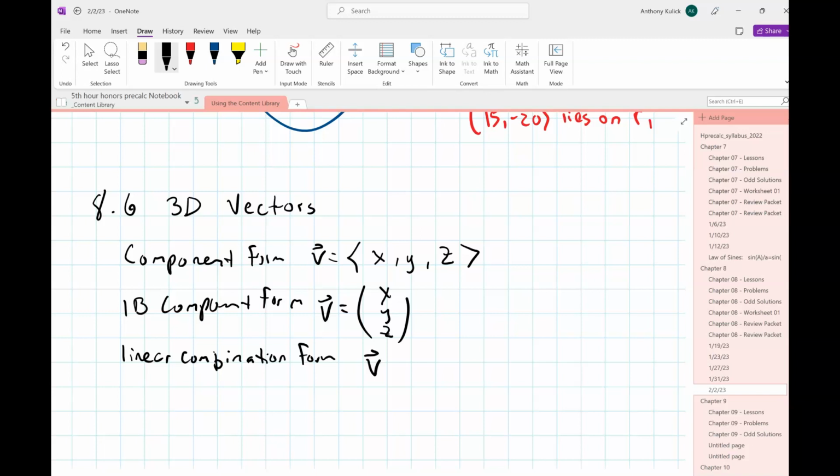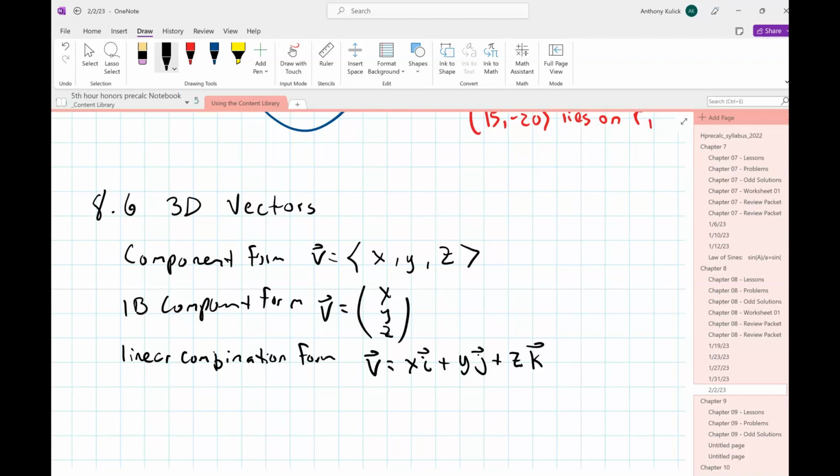What's the linear combination form going to look like? Well, it's going to be x times the vector i, y times the vector j, and then z times our new unit vector k. Why did we choose k?